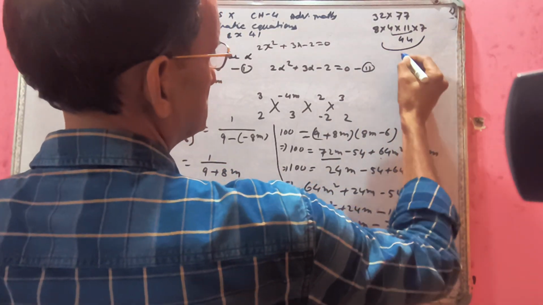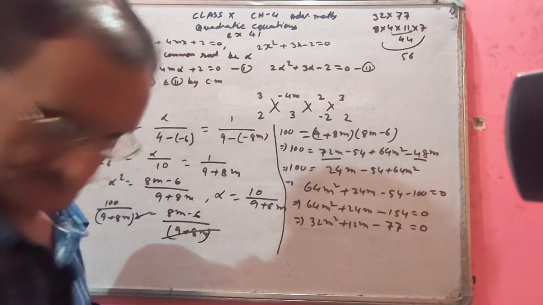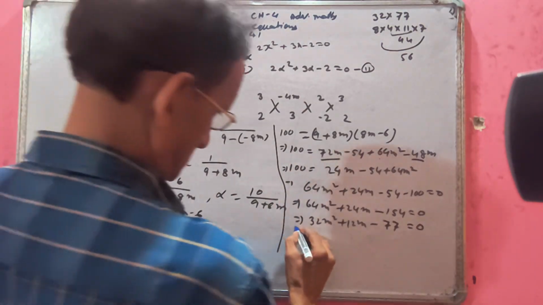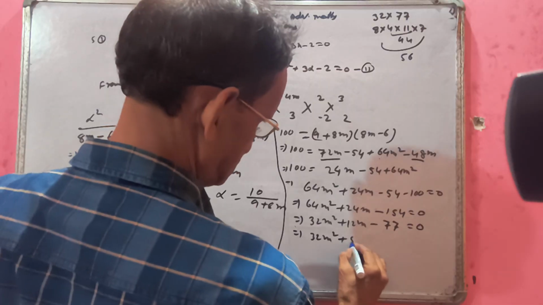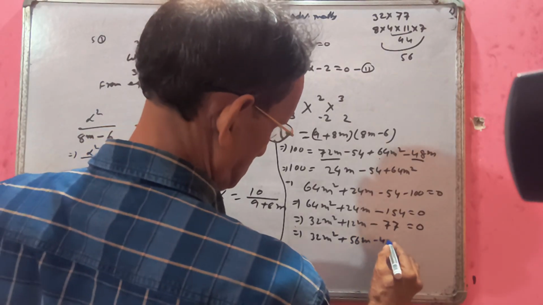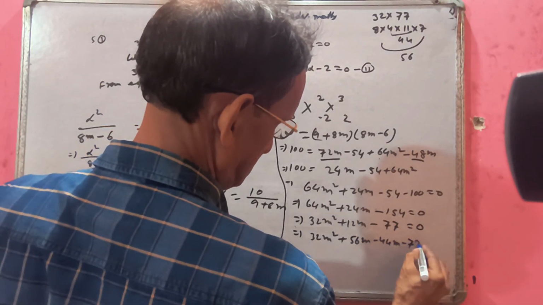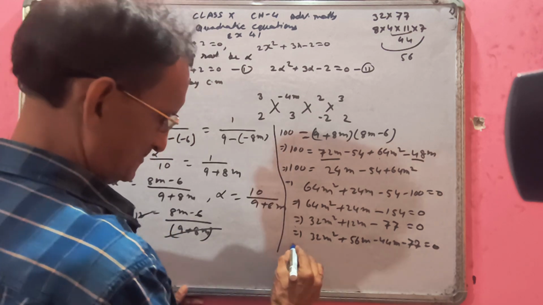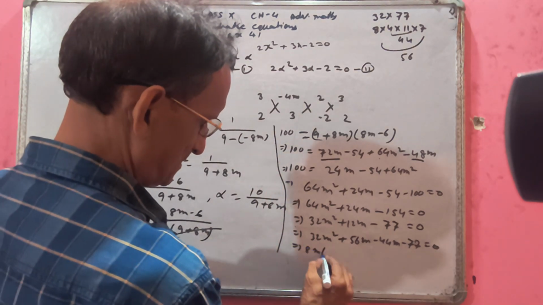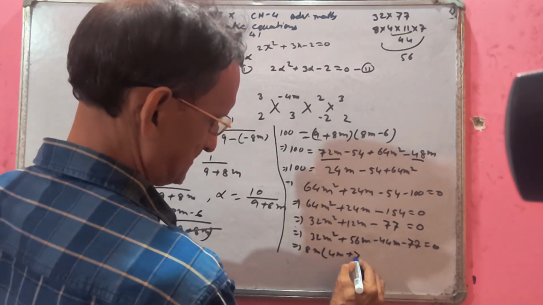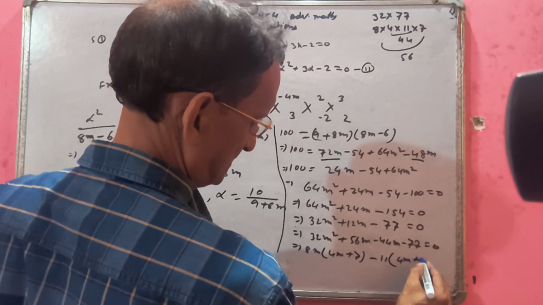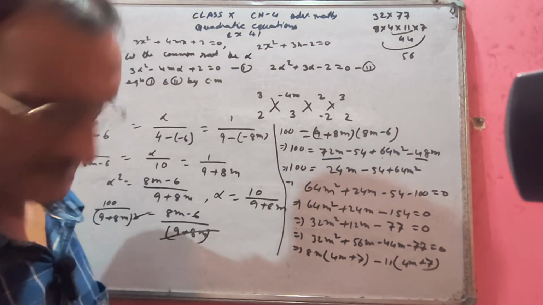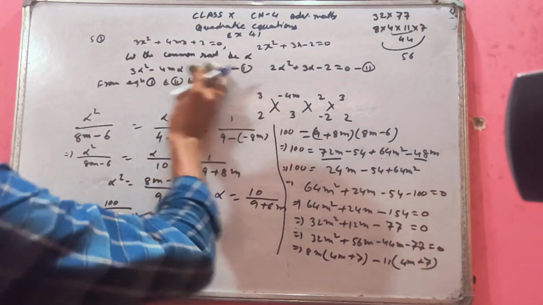This implies 32m square plus 56m minus 44m minus 77. So now 8m is common, 4m plus 7, minus 11 is common, 4m plus 7.